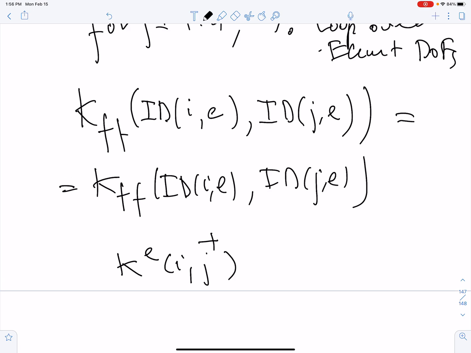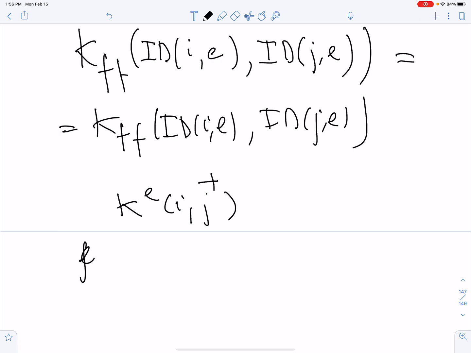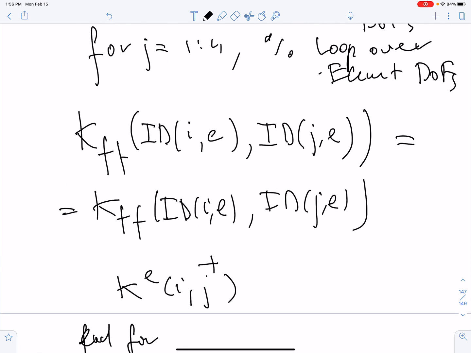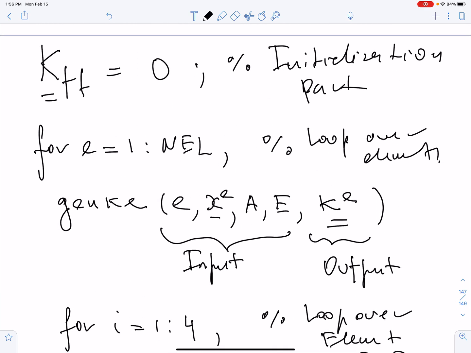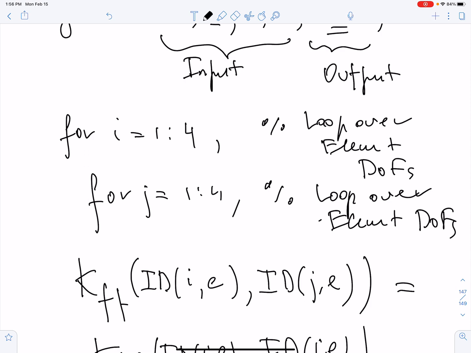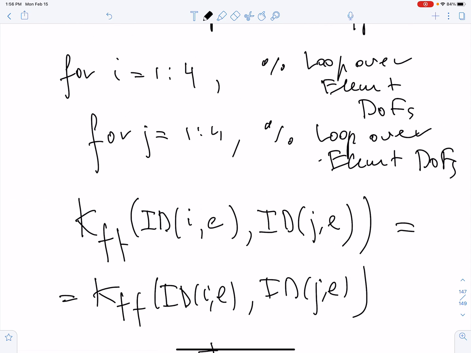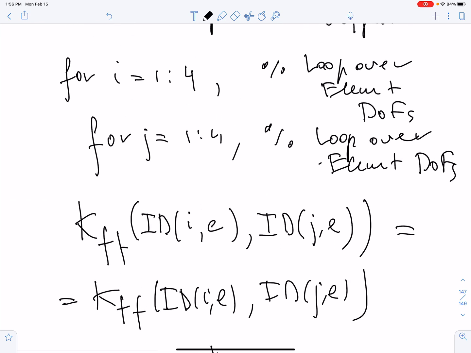So you take the entry IJ of the local stiffness matrix KE, and you add it to the corresponding global entries of KFF using the ID array. It looks as simple as that. Then you conclude your loops. This is what your pseudocode looks like, and it can handle an arbitrary number of elements, provided that you have the ID arrays and you know how to compute local matrices and so forth.